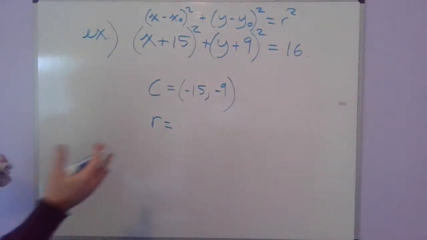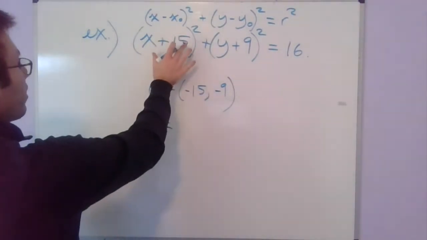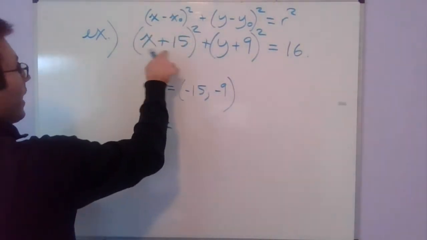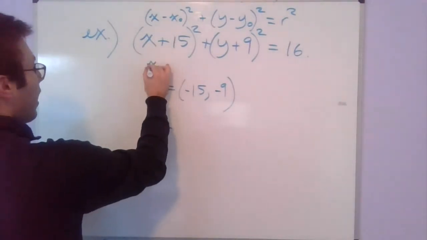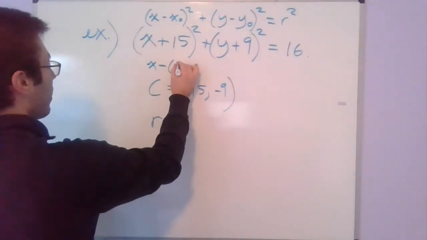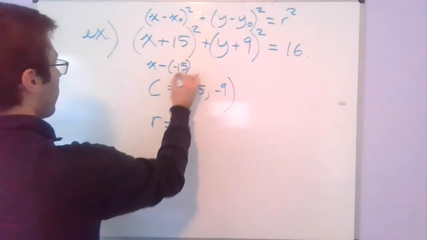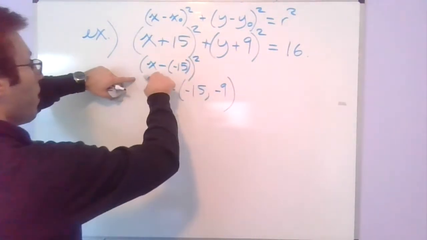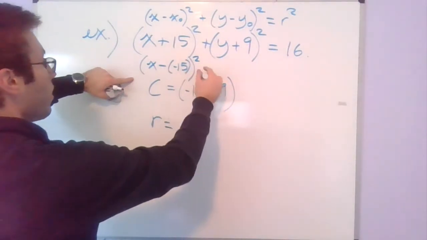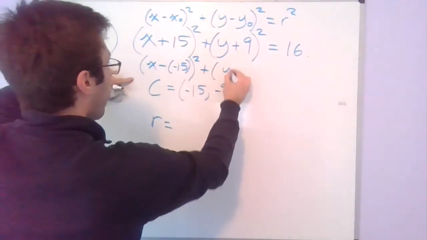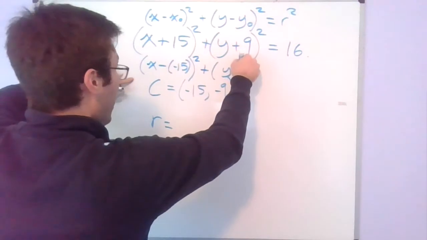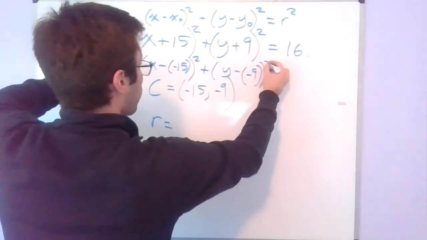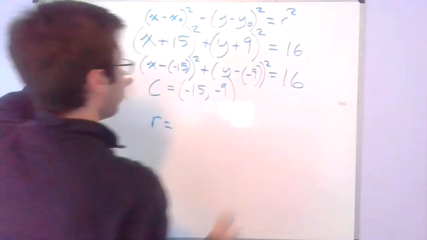Now, the way to see that, because it's kind of tricky here, why does that match with that? Well, you can rewrite x plus 15 as x minus a negative 15 here. So this whole quantity is x minus a negative 15 squared plus y minus a negative 9, because this is going to give me a positive, squared is equal to 16.